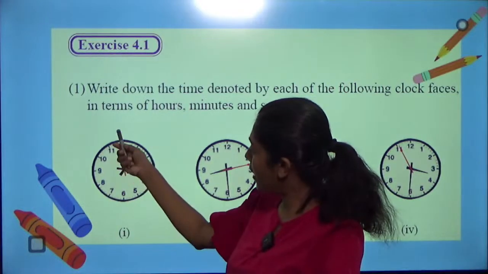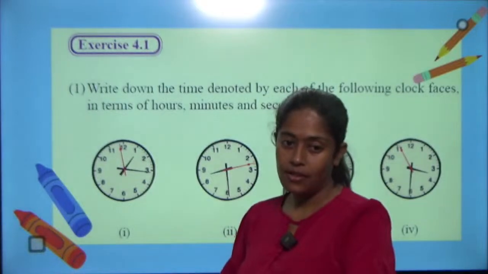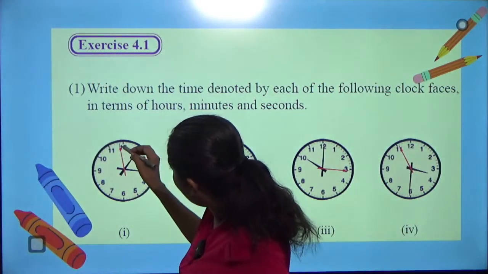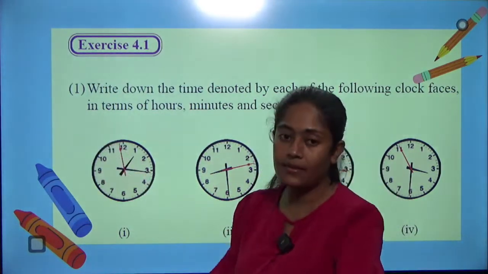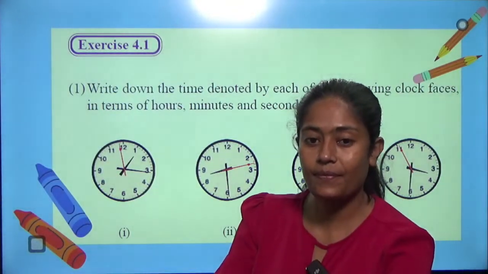Then here you have which hand? Second hand. So how can you take the value of that one? It is pointed to here, before 12. That means 59. Is that okay? Yes.